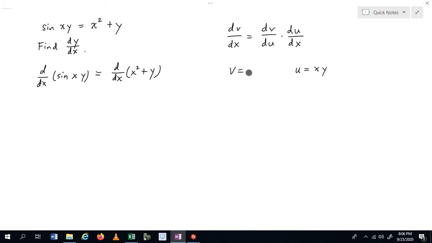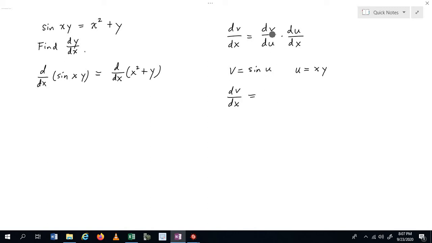This becomes sine of u, and that's our outer function. So let's find dv/dx, where v, of course, is the sine of xy.